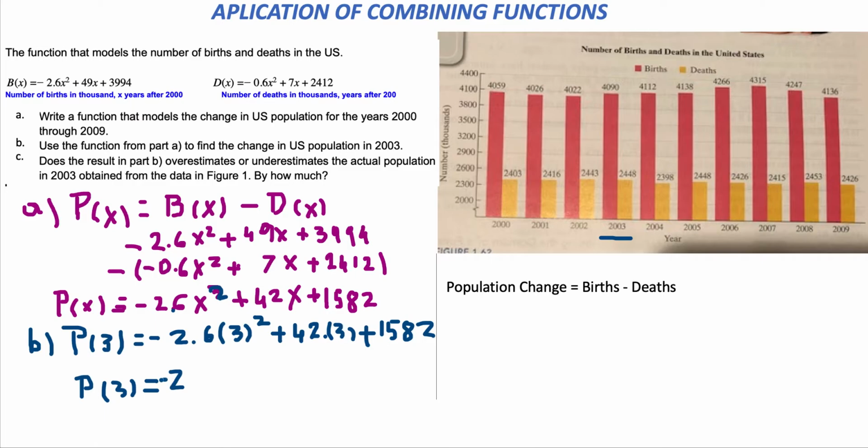But it's a negative sign here, minus 23.4. Because we don't have decimal points here, I'm taking it to the closest unit: 23.4 is just 23. And plus 42 times 3: 2 times 3 is 6, and 3 times 4 is 12, so 126. And plus 1582.